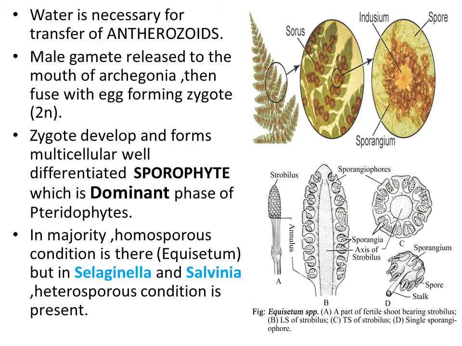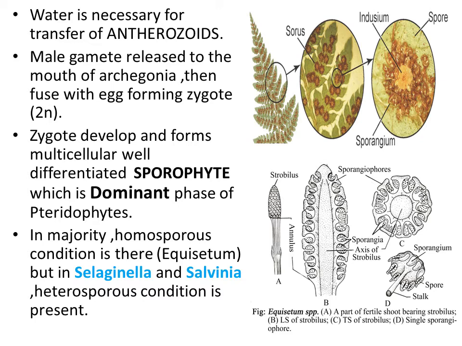Next, we talk about the type of spores. See, in the majority of the pteridophytes, the homosporous condition is there. That is, all the spores are of the same kind. An example is Equisetum. Next, if we talk about Selaginella and Salvinia, there is a heterosporous condition.